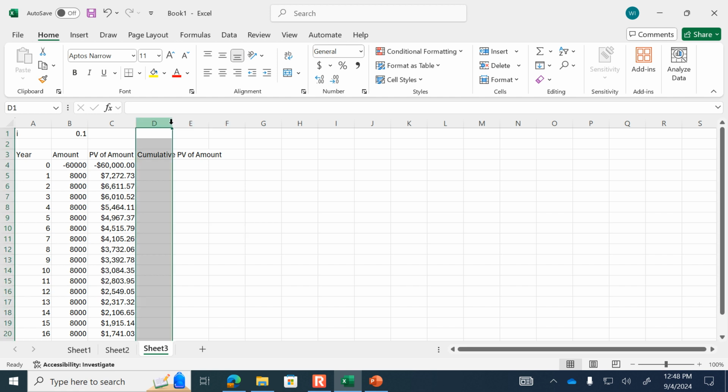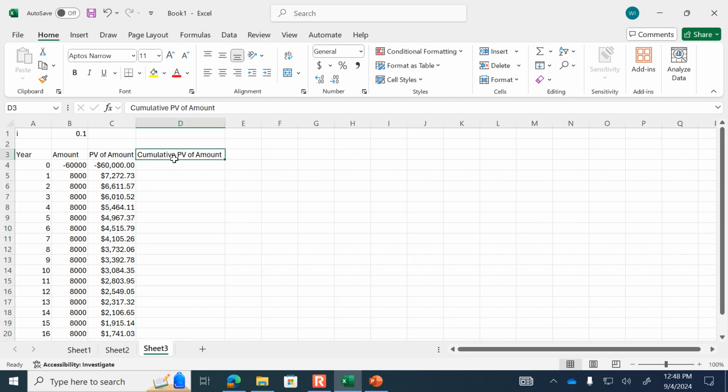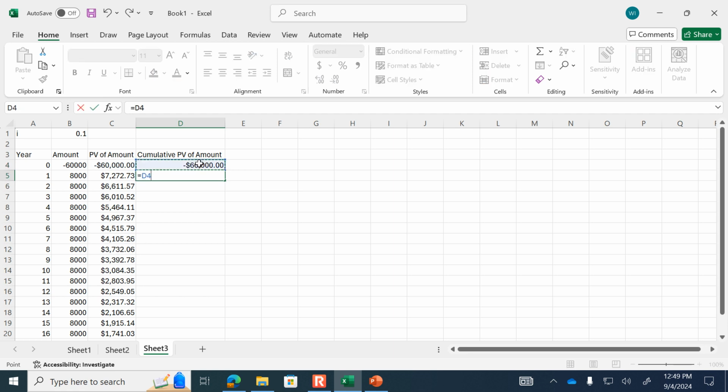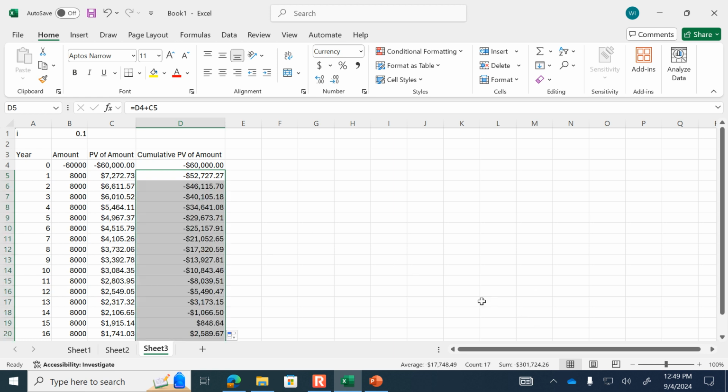Now the cumulative PV of amount: what I'm doing is saying, starting with the first year, you're in the whole 60,000. But each subsequent year, it's the previous year's cumulative amount plus the present value for the row that you're on. So now if I drag that down, you'll see the same thing we noticed before: it's between the 14th and the 15th year that we go from a negative cumulative balance to a positive cumulative balance.